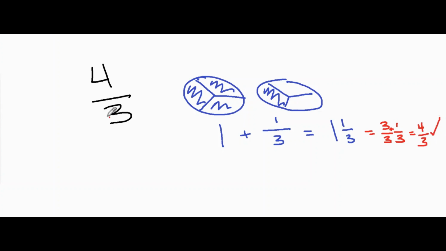So our thinking checks out that 1 and 1/3 is actually 4/3. So we've changed an improper fraction into a mixed number, into a whole number and a proper fraction.